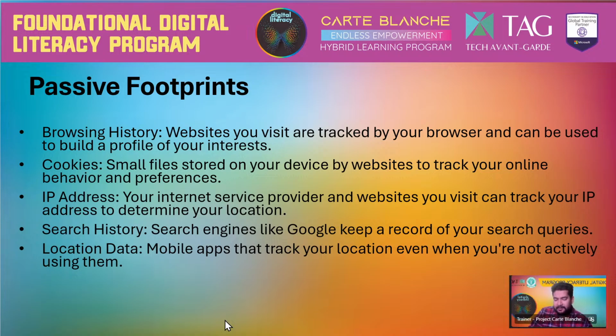Location data: there are a lot of mobile apps which you download. We have to be very careful whenever we download, and we can also talk to our parents about this. Whenever we download any application, it always asks us for permissions. Normally we accept them, but when we talk about privacy settings, not everything should be accepted.